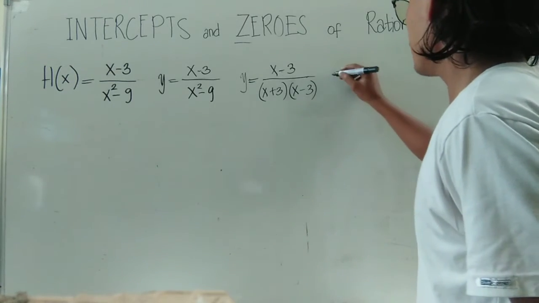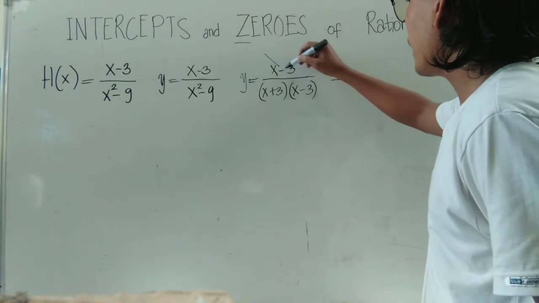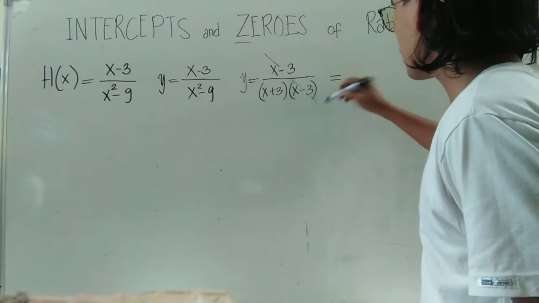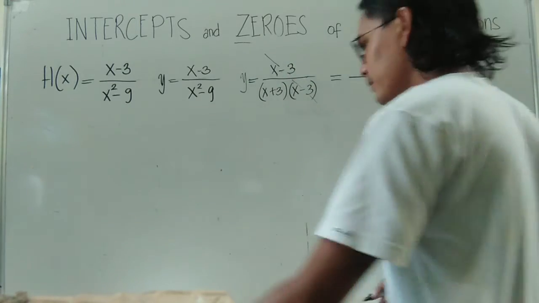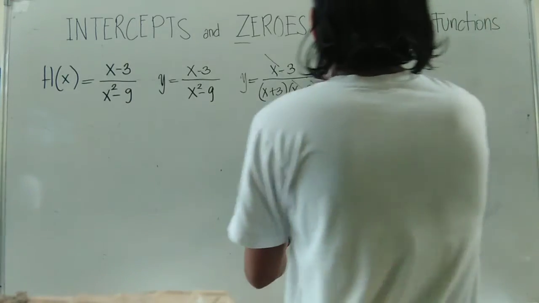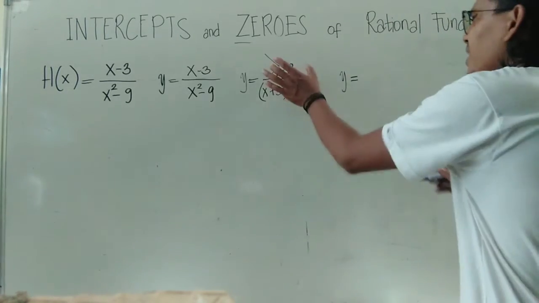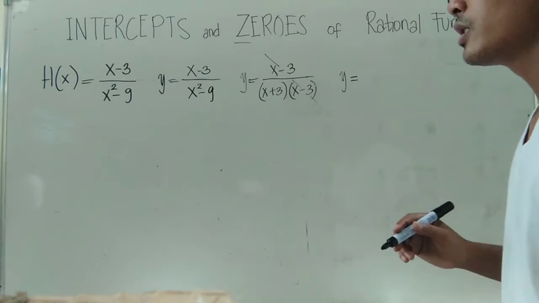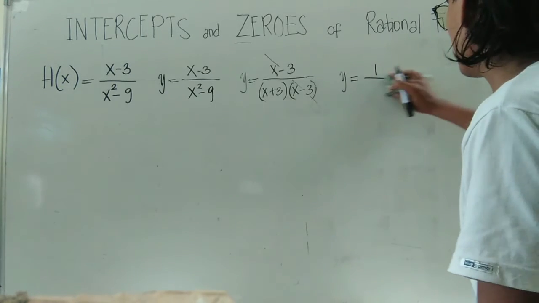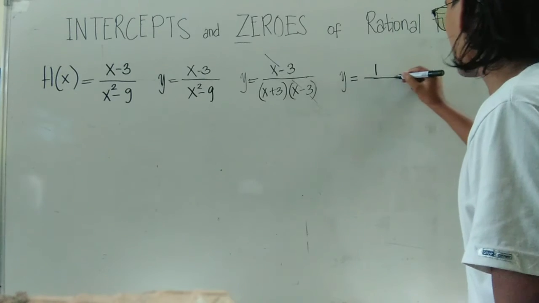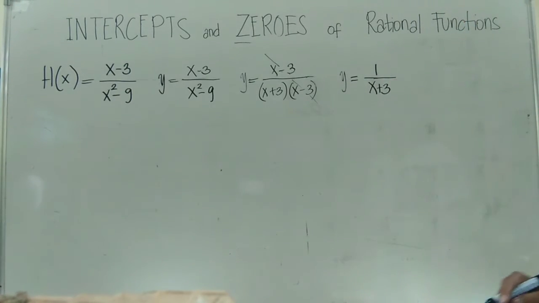Okay. So simplifying your given rational function, the common factor is x minus 3 and x minus 3. So what will be the remaining quantity above if you take out this x minus 3? Always put in mind that there is a factor 1. And then x plus 3 on your denominator.